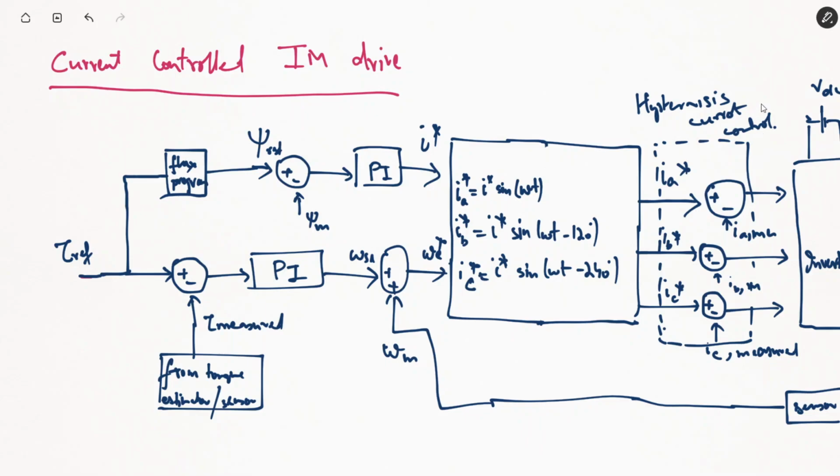Fine. So we will be getting six pulses for six different switches of the three phase VSI that will be feeding the induction motor. So this is the control strategy of a current controlled induction motor drive.